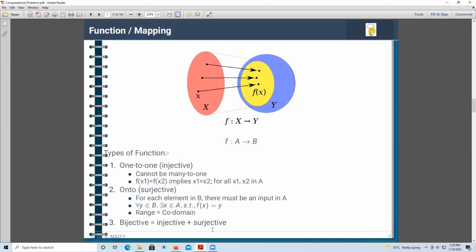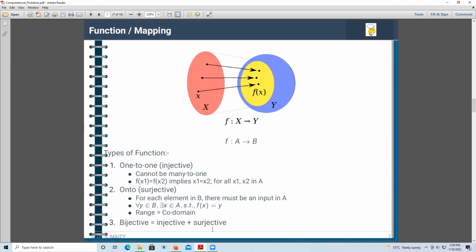That is imposed by the one-to-one property, because two different inputs cannot map to the same output. So for every output, you are getting exactly one corresponding input or pre-image. And onto means, for every output, you are getting at least one corresponding input, that means pre-image. So if you combine the two, it states that for every single output in the codomain, you are getting one and exactly one corresponding input.